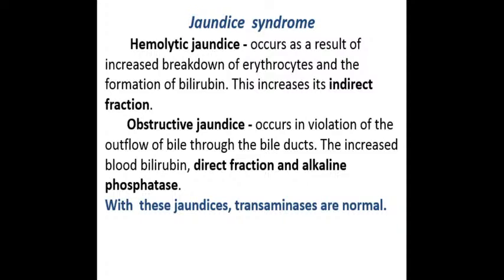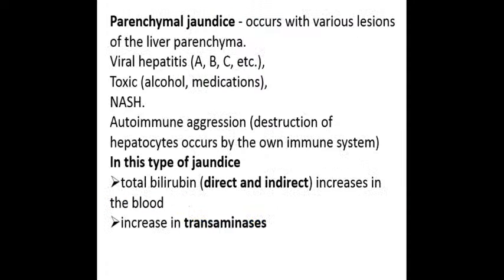Obstructive jaundice occurs in violation of the outflow of bile through the bile duct, with increased blood bilirubin in the direct fraction, and very often increased alkaline phosphatase. If the patient has increased alkaline phosphatase, it is a sign of inflammation in the bile duct. You must remember that in this jaundice transaminases are very often normal.